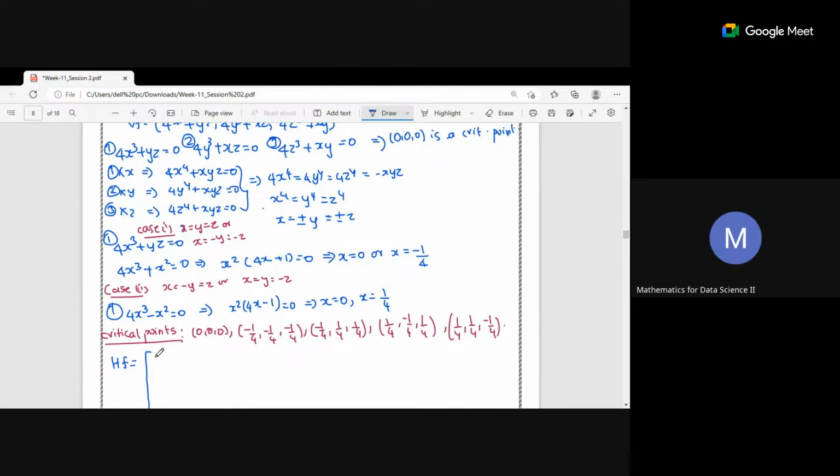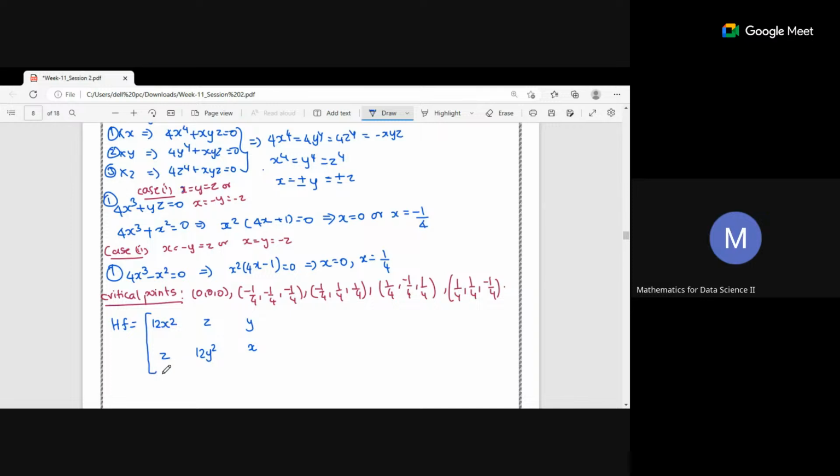From here, we'll write fxx is 12x squared, fxy is z, fxz is y, and this is same as z, and this is 12y squared, and this is fyz, right? So x. So here this is a symmetric matrix. So this is y, this is x, and this is 12z squared. So this is your Hessian matrix.